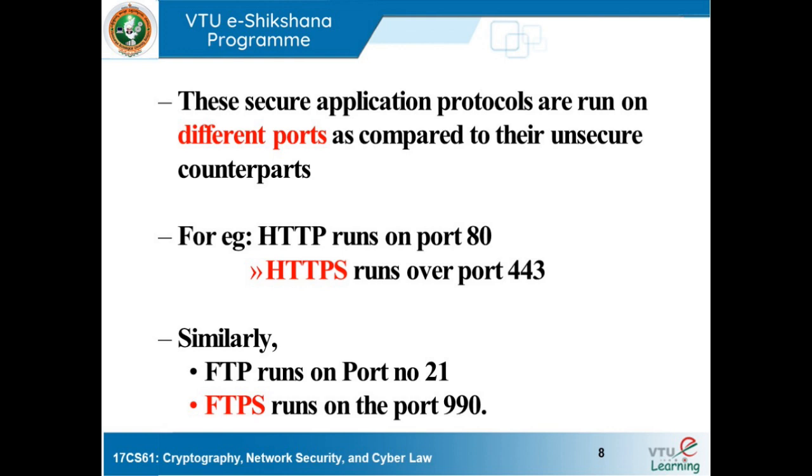The regular HTTP runs on port number 80, whereas the secure counterpart of HTTP, that is HTTPS, runs on port number 443. Similarly, regular FTP applications run on port number 21, but the FTP which runs over the secure socket layer protocol runs on port number 990.